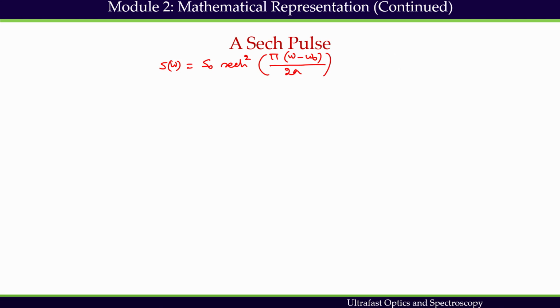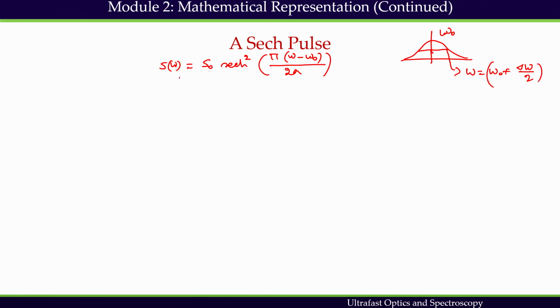Again, this is centered at omega naught, just like a Gaussian function. From the full width half max definition, we know that we get half of its maximum when omega equals omega naught plus delta omega by 2.